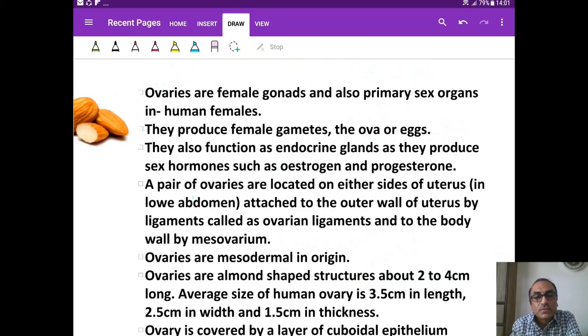Now let us summarize whatever we have learnt about the structure of the human ovary. I have listed some points here. Let's go through. You can also note down these points. Ovaries are female gonads, as we know, and also primary sex organs.